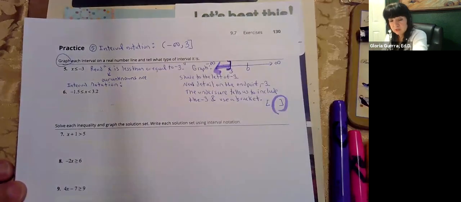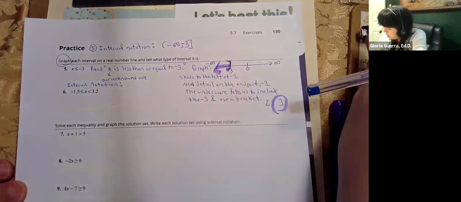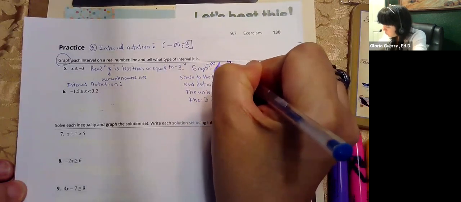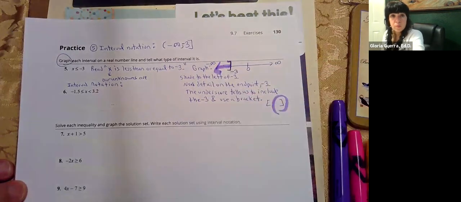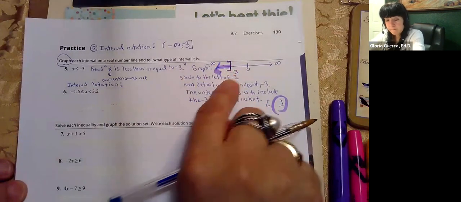So the interval notation is from negative infinity all the way out to -3. Okay.